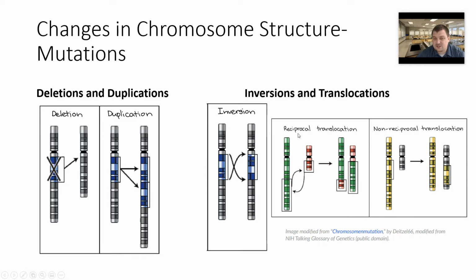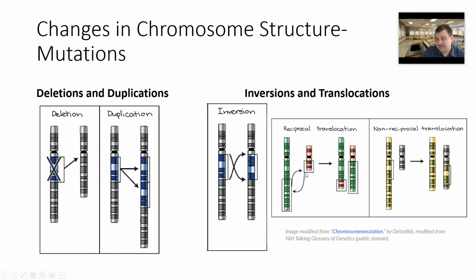Sometimes we can get reciprocal translocation, which doesn't happen quite regularly. Don't get this mixed up with crossing over, because crossing over would be crossing between homologous pairs, and this is not a homologous pair.